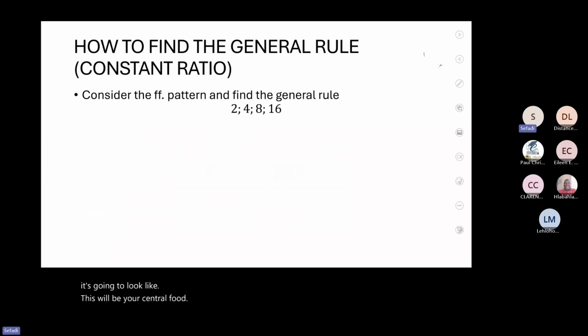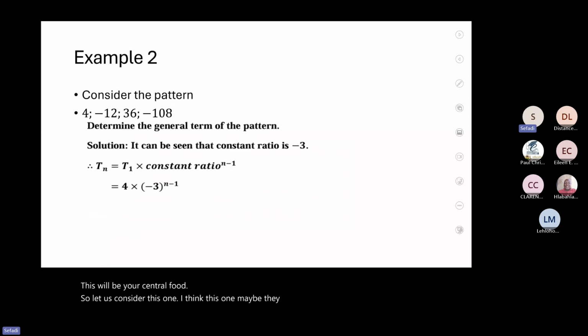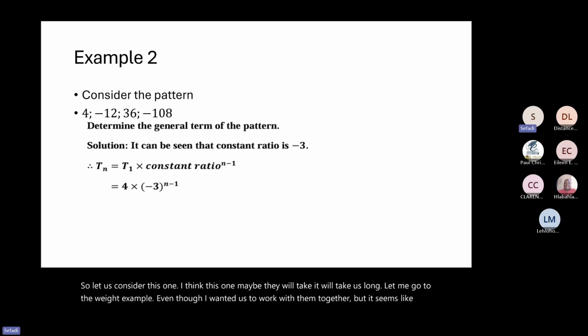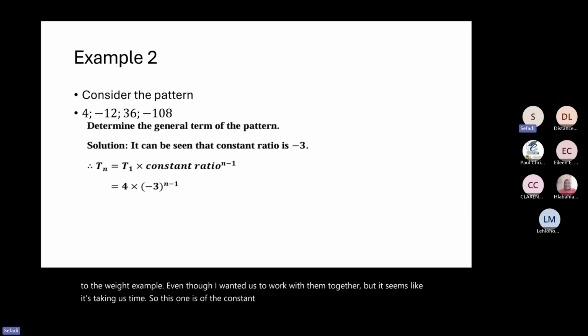So let us consider this one. I think this one maybe will take us long. Let me go to the worked example, even though I wanted us to work with them together, but it seems like it is taking us time. So this one is of the constant ratio, where you check that between here, you are not getting the constant difference.